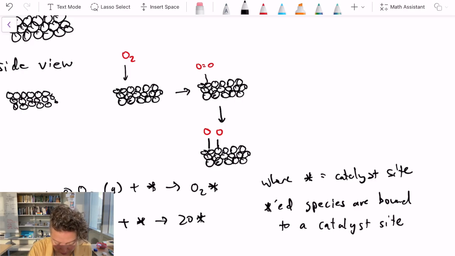To illustrate that, consider reaction 1 here. I start out with a gas phase oxygen molecule. It collides with the surface and forms a bond. That's what's going on in this reaction here.